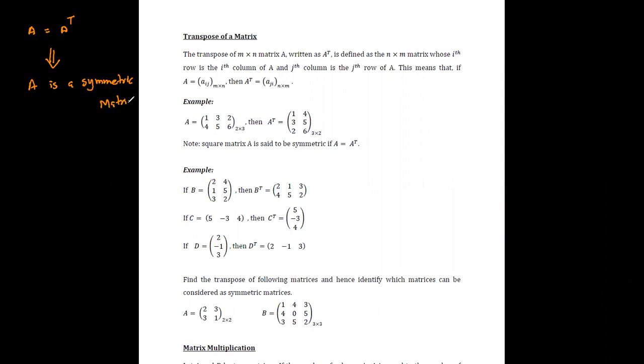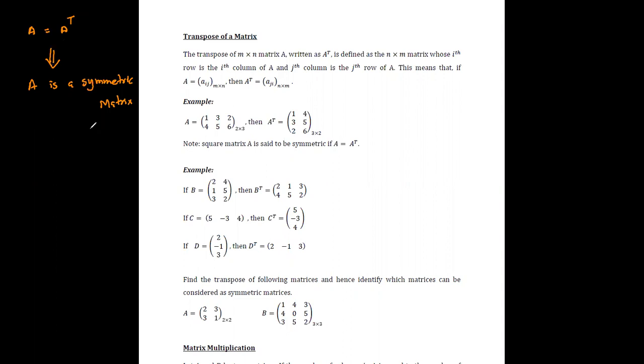Therefore, to identify the symmetricity of a matrix, we can use the concept of the transpose of a matrix along with the equality of two matrices. If a matrix and its transpose are equal matrices, then we can say that the given matrix is a symmetric matrix.